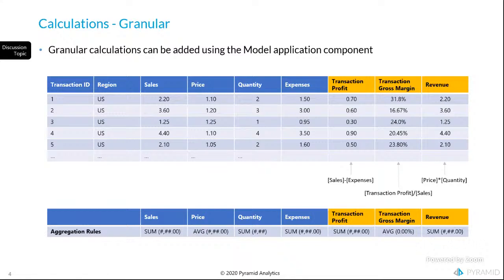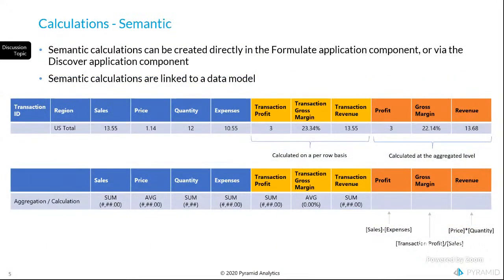When I'm looking at my aggregation rules, again, I'm then adding up my transaction profit, I'm averaging my gross margin, and I'm adding up or summing my revenue in terms of the model that I'm creating. My semantic calculations, though, can be created and calculated at the aggregate level.